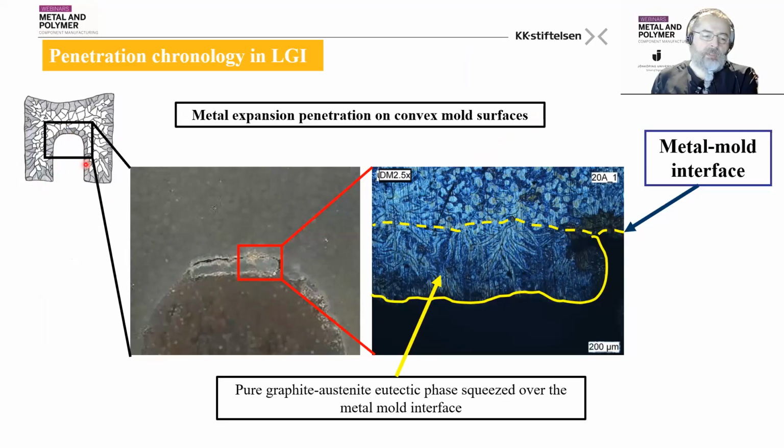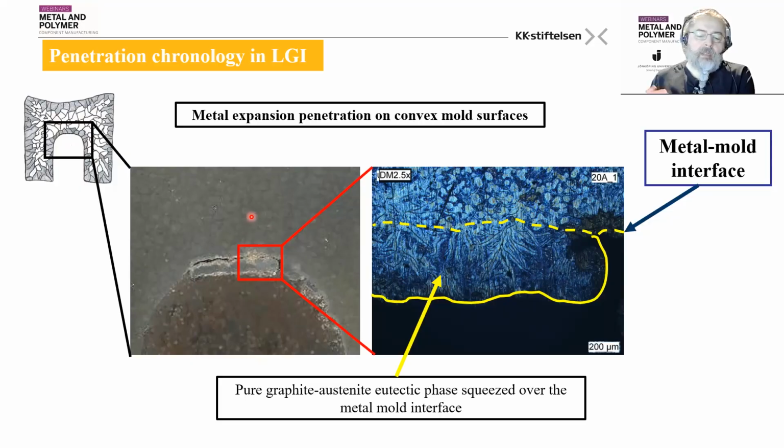It's important to emphasize that this convex mold surface in complex shaped castings used to be the place where we have the hot spot of the domain, which makes the solidification difficult, so you have a late solidification compared to the rest of the casting.